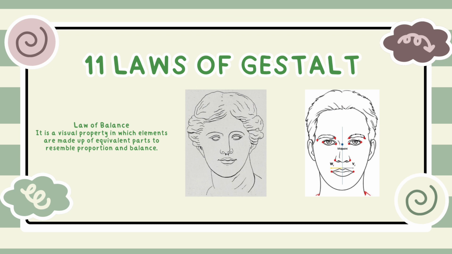A common example can be seen from these two pictures, where the first picture can be seen as non-symmetrical, as the face of the person is not symmetrical. But in the second picture, the eyes, ears, lips, and nose are all symmetrical and have the same proportion on both sides. So this is what it means by the law of balance.